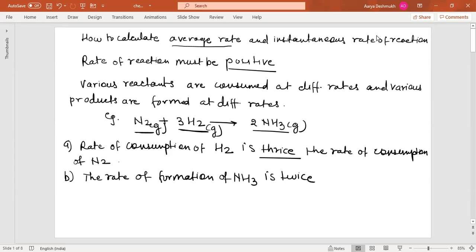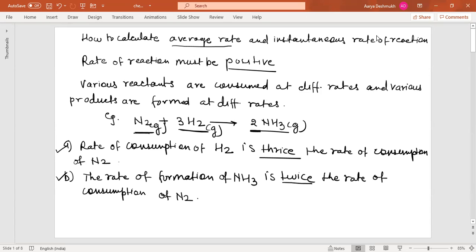You can see here, 2 moles of ammonia are formed. It is twice the rate of consumption or disappearance of N2. So these two things are very clear by looking at the reaction.